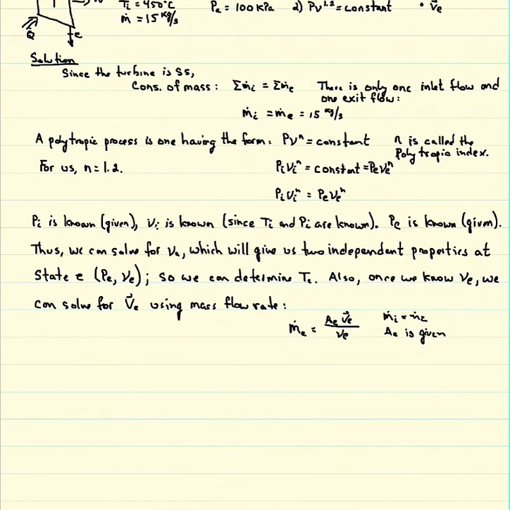We can say, okay, how do I determine my state I property? What is Vi? So we know TI and PI, how do I use this to find VI?